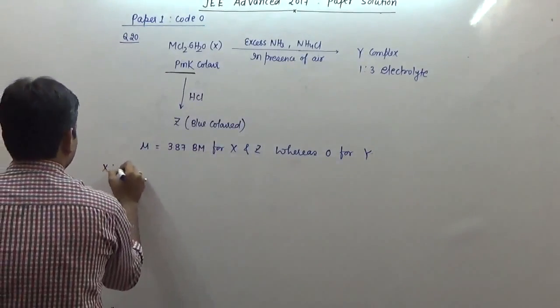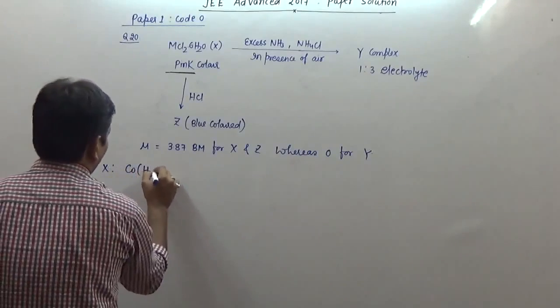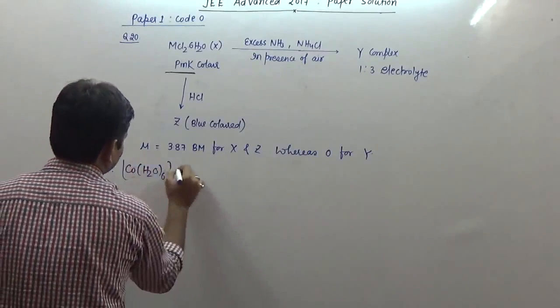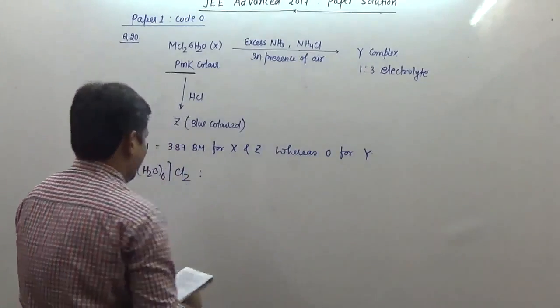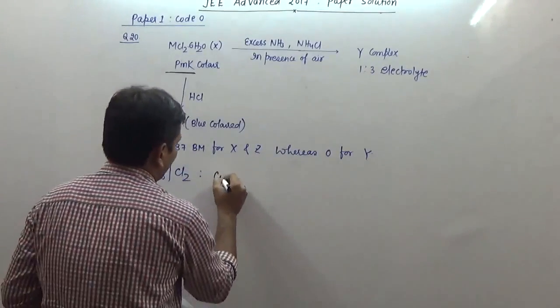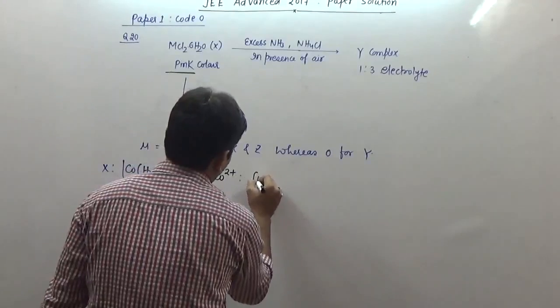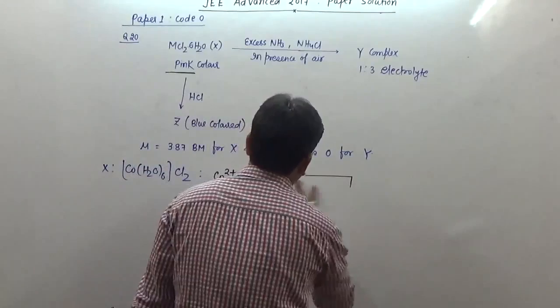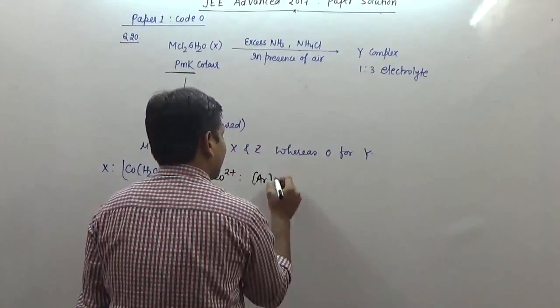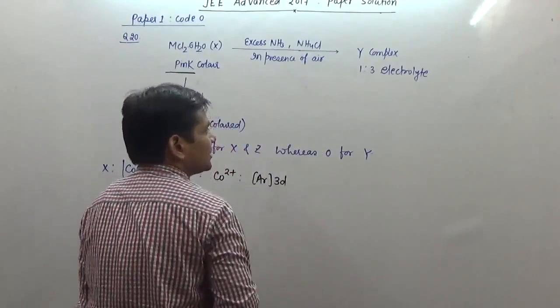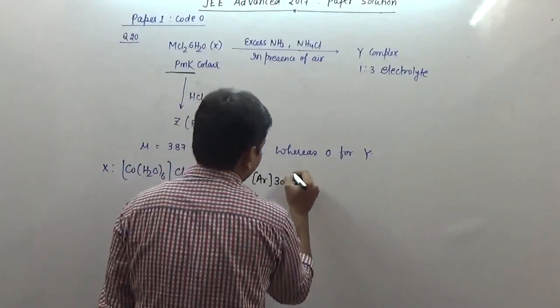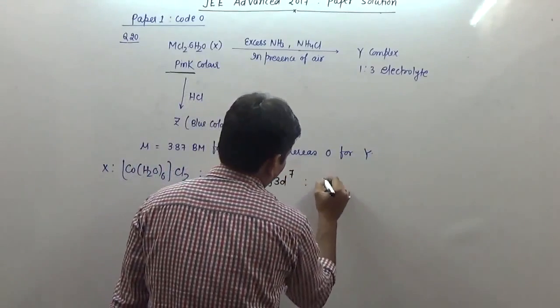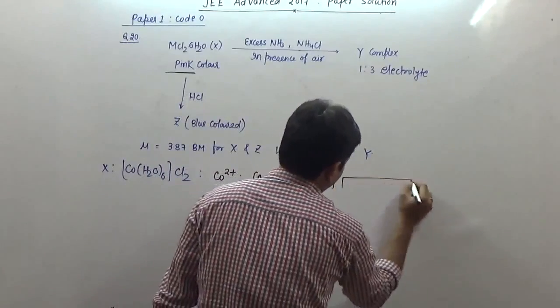So X is [Co(H2O)6]Cl2. You can see that cobalt is in the +2 oxidation state, so we will have argon and 3d7. We have argon because H2O is just a weak ligand.